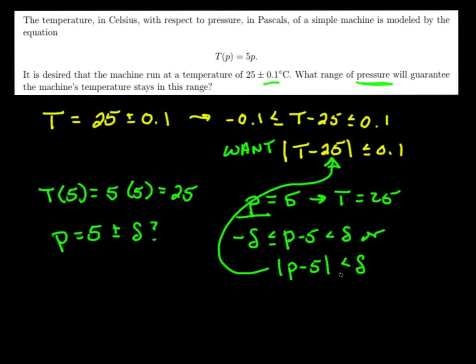Because my pressure, if I put it into my function, will tell me the temperature. So what kind of bounds do I need on my pressure, being close to 5, to force that my temperature is within a tenth of a degree of 25?